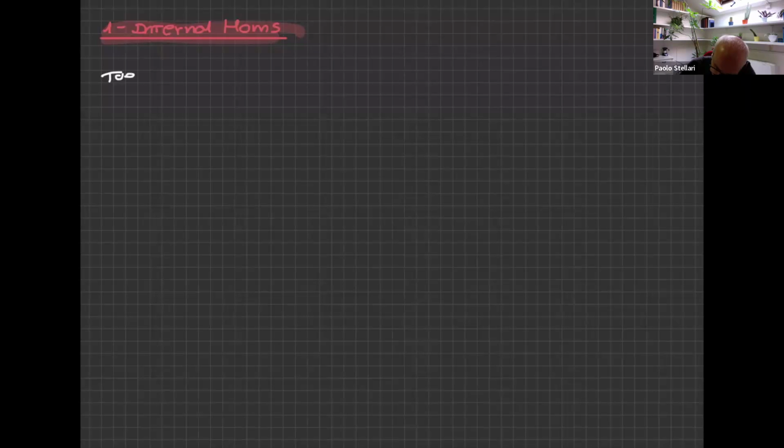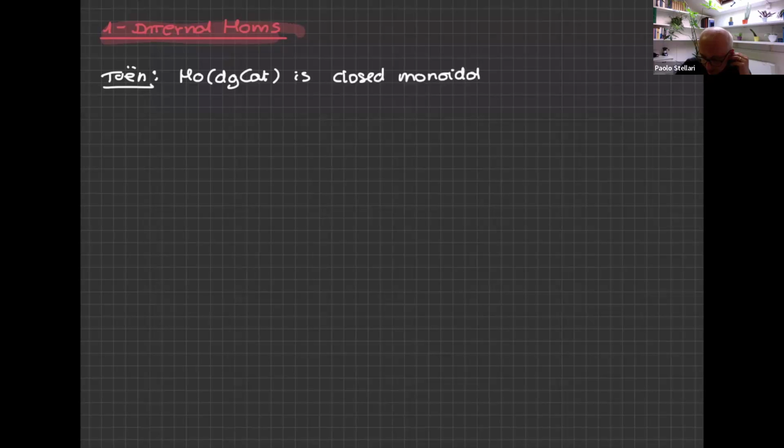So yeah, the key point is that we know by the work of Toën that essentially DGcat is a closed symmetric monoidal category. So meaning essentially that we can define a derived tensor product, so that's the derived tensor product.